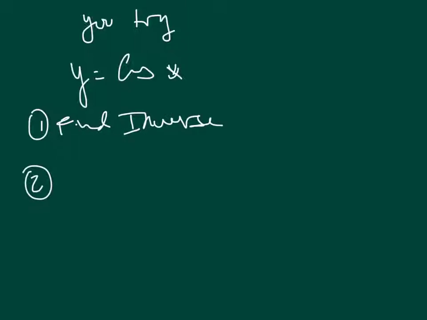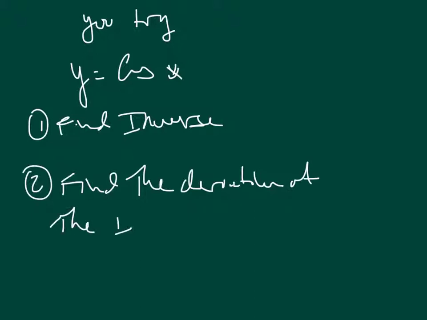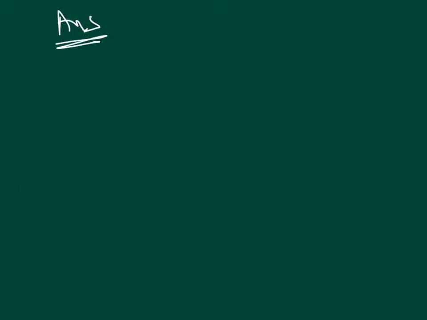And the second is you're going to find the derivative of the inverse, the way we did it before, where it was an x in your answer. Alright? Good. Try that. Alright, pause the video, do your work, and then unpause it when you're done so you can see my answer.